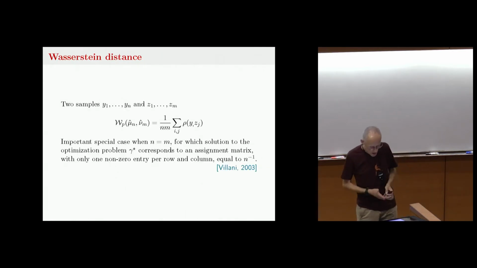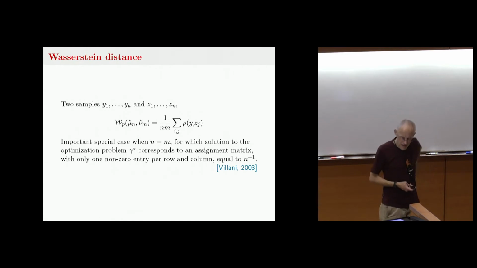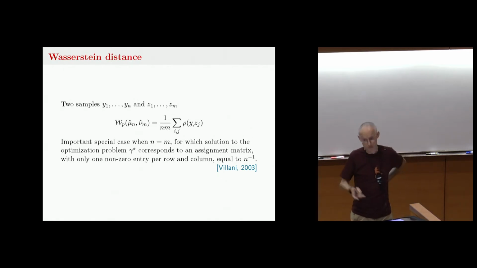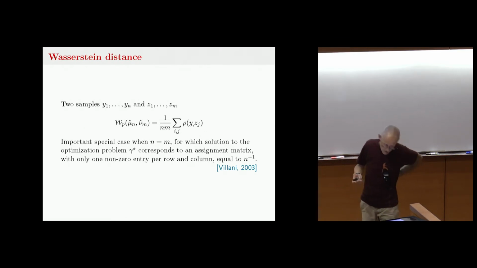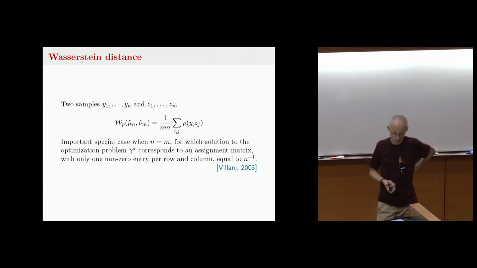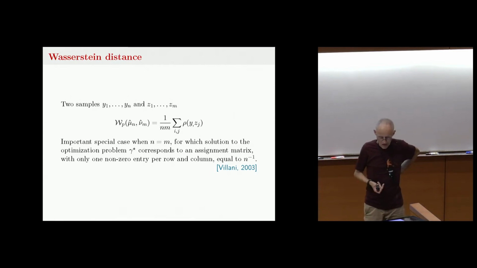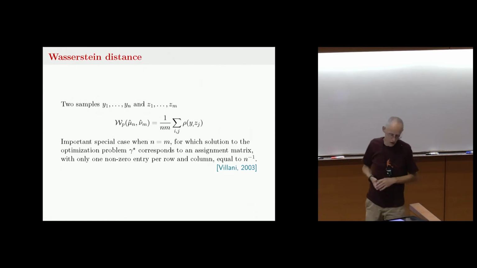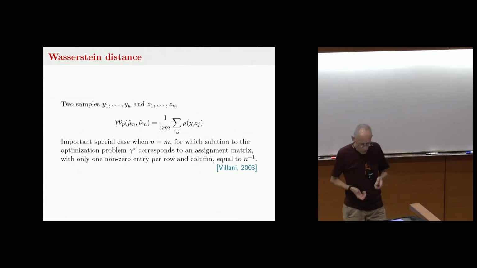Actually, it's a special case of a general result that if you look at a distance between two empirical distributions or a distance between two samples, it is known that the optimal solution is that the weight goes to a single pair on each line. And there is an i missing in the formula, with weight 1/n.